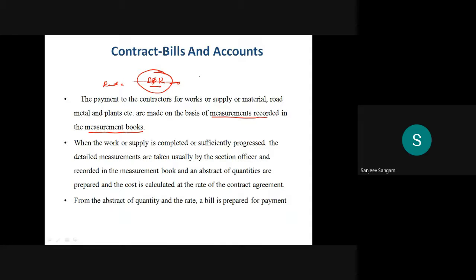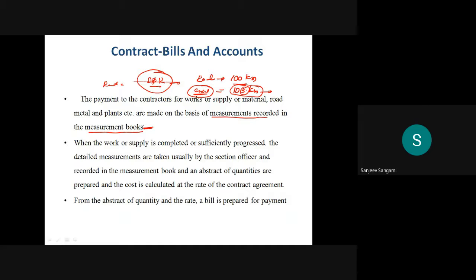Assume that the estimated road is 100 kilometers; in practice, after execution, it may be 103 kilometers. Some plus or minus will always be there. So then the actual measurement will be considered in the measurement books.